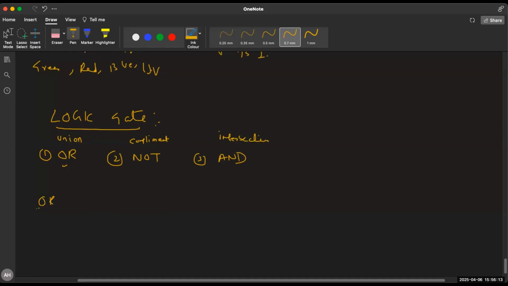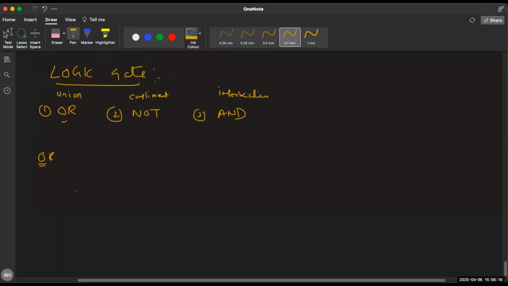Let's start with the OR gate first. First, we'll see the symbol of the OR gate. So this is the symbol of the OR gate.